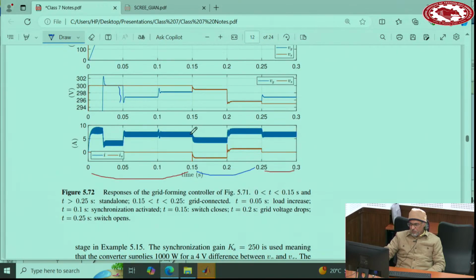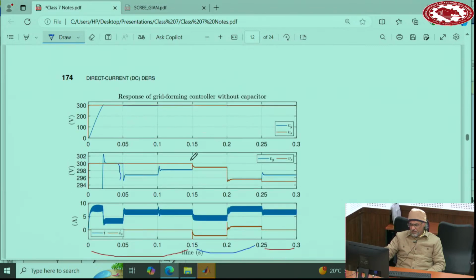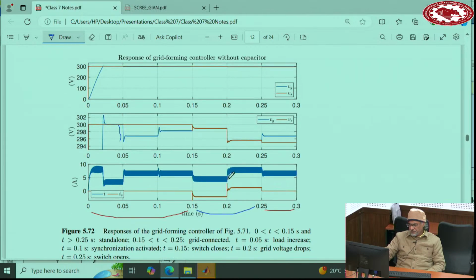And then at this point, it's connected to the grid. So when you connect to the grid, this is the voltage on the grid side and the voltage on the load side. They become equal. And then here the voltage drops, no problem. Because the voltage drops, the converter provides support.